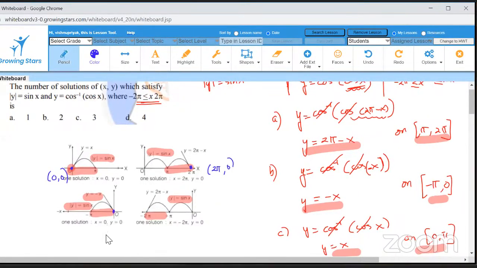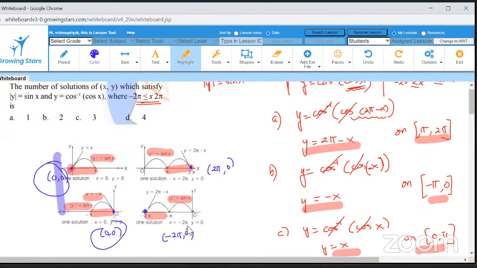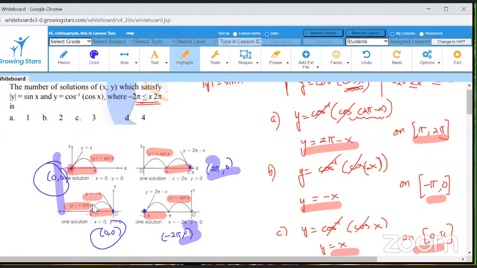Here they are intersecting at 0, 0. Here they are intersecting at minus 2 pi, 0. But you can see 0, 0 is repeating. So if you count, 1, 2, 3 solutions.